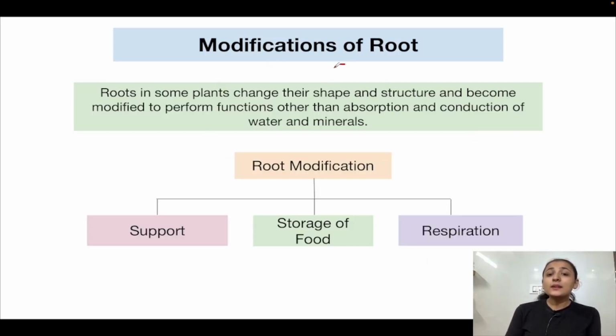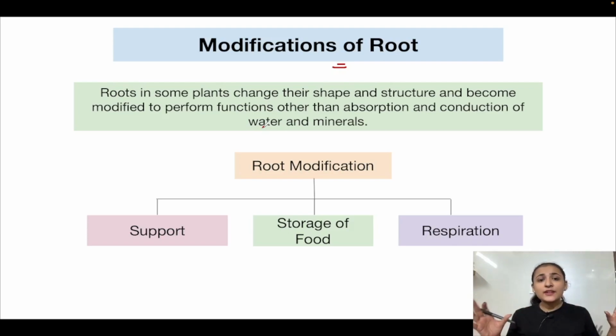Now let us look at the modifications of root. Roots in some plants change their shape and structure and become modified to perform functions other than the absorption and conduction of water and minerals. The traditional function is absorption and conduction of water and minerals. But in some plants, these roots become specialized to perform some other function.